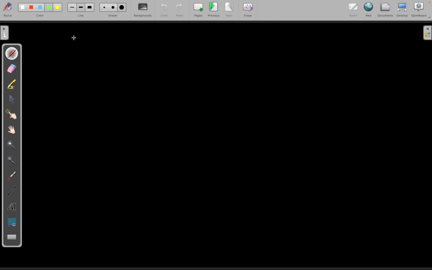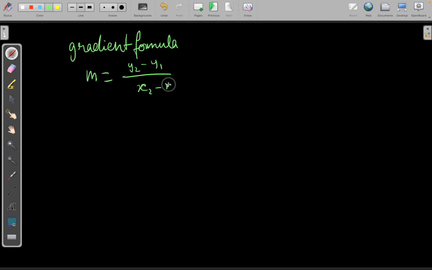But before that, all the formulas you need to know. So basically, the gradient formula, which is m is y2 minus y1 over x2 minus x1, or delta y by delta x.